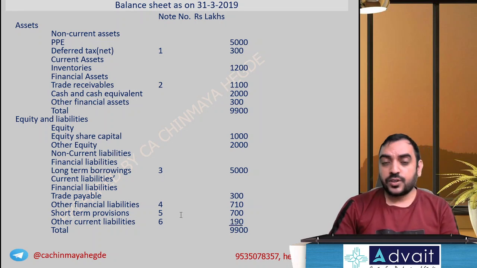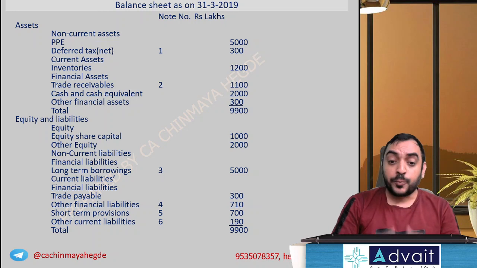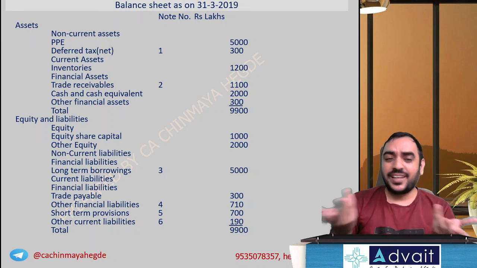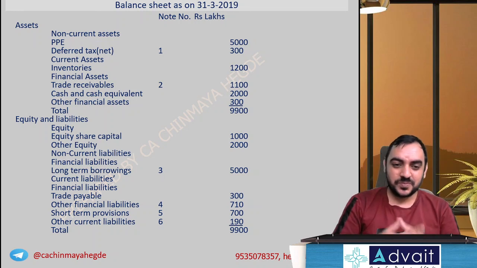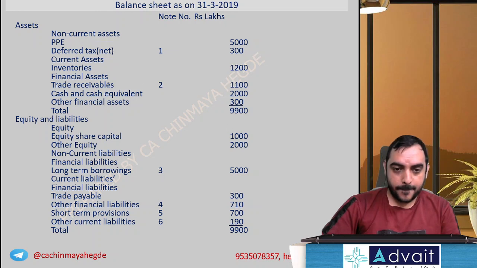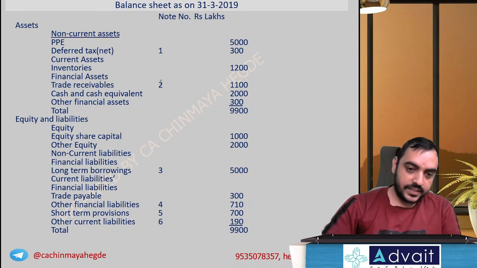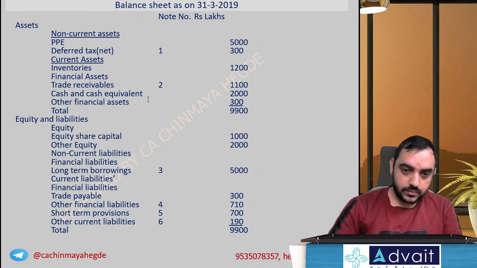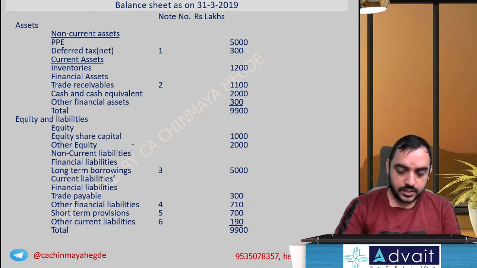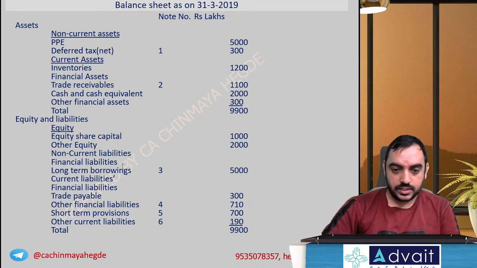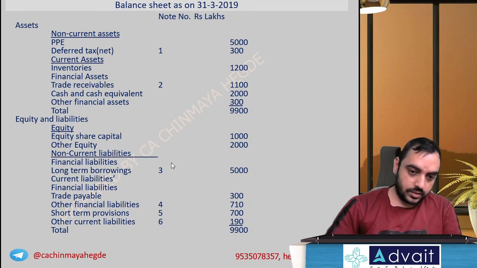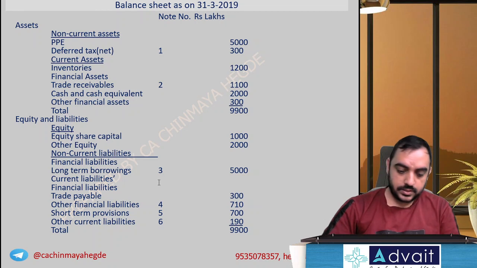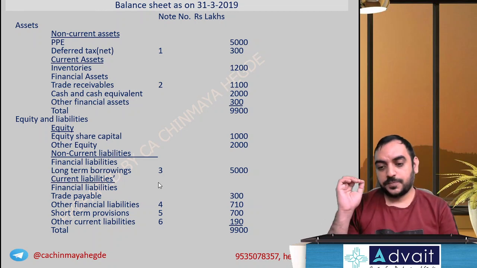Anyway, it's the same thing from the question only. So it's about identifying the mistake, and the format is all about this problem. You don't have to worry about preparation of P&L and balance sheet. Tallying balance sheet is not a problem. If you want, you can just underline these headings: current assets, non-current assets, equity, non-current liabilities, current liabilities.